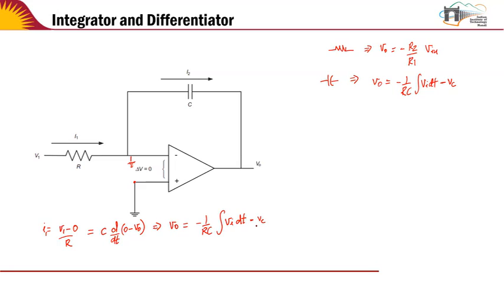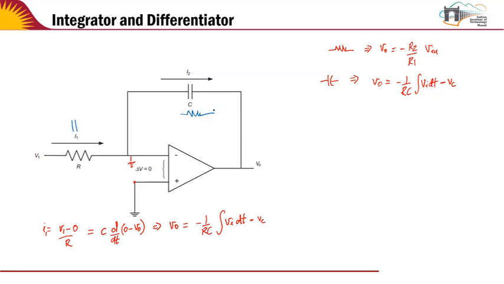So the simple way is you can swap the capacitor and the resistor. So if I were to put the capacitor here, let's say the capacitor comes here and the resistor comes here, then what will happen? These equations will just change. Let's see if I can change the color, that will make things easier. So in this case, the capacitor is here and the resistor is here.